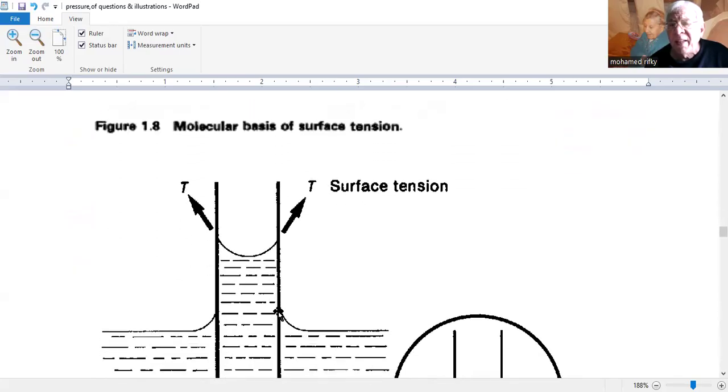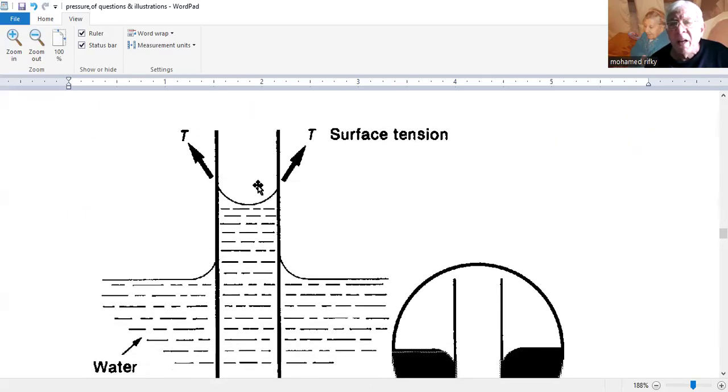What is the clinical application of it? Whenever I have a manometer, as we can see in the figure, it creates a meniscus. This meniscus makes a problem whenever I want to know the level of the height of this manometer. Why is this meniscus created? It's created because of the surface tension between the molecules of the liquid and between the molecules and the glass.